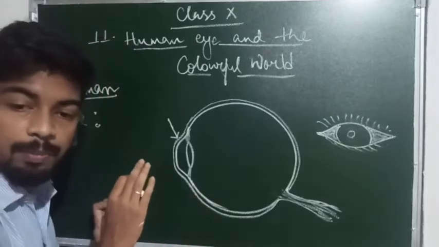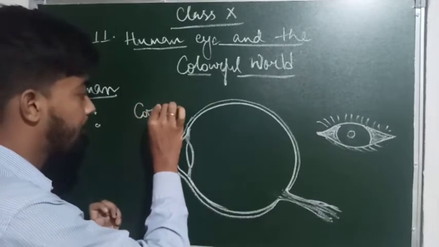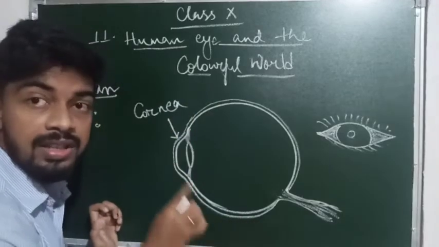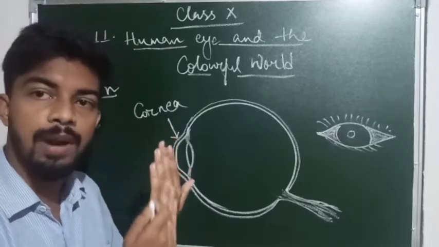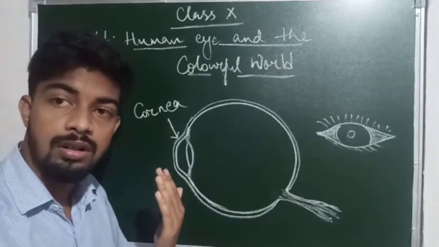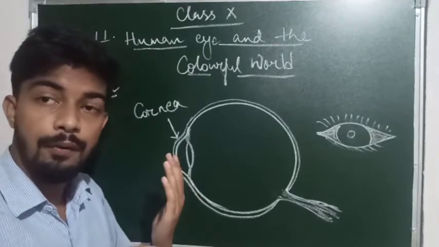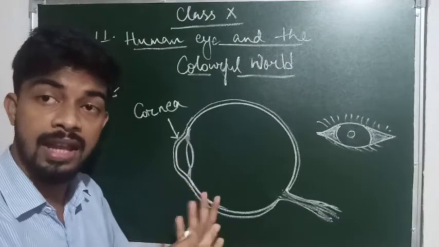This outer part is known as the cornea. It covers the eye with a smooth fluid that protects the eye from the dust and dirt that can come in contact with the eye and even damage it.